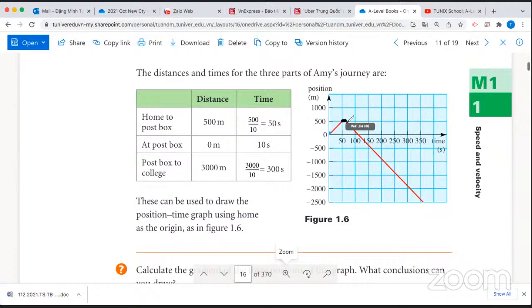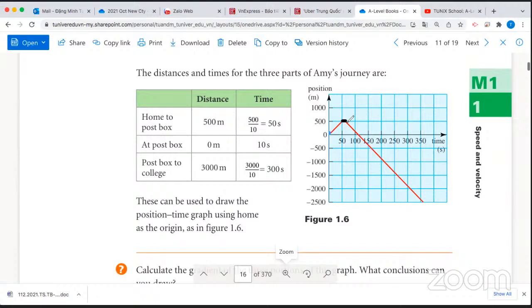So you should always think about analyzing the value corresponding to the graph. You should learn how to understand the graph.